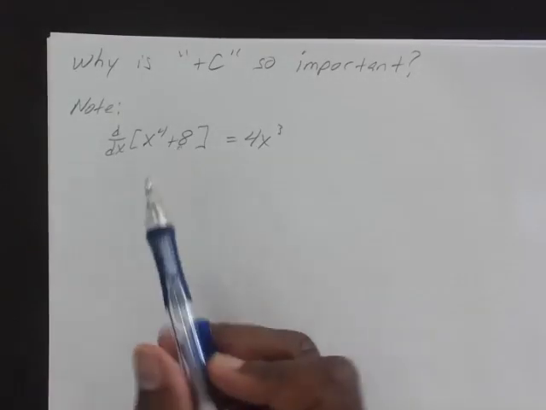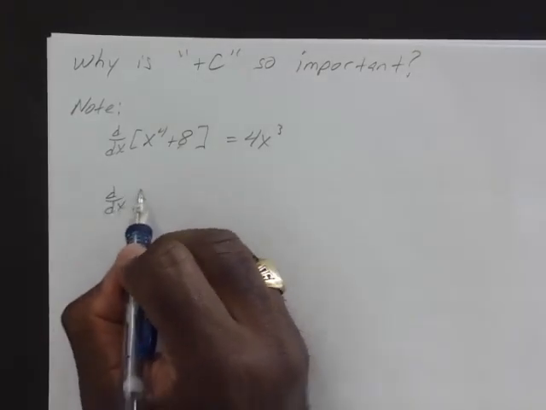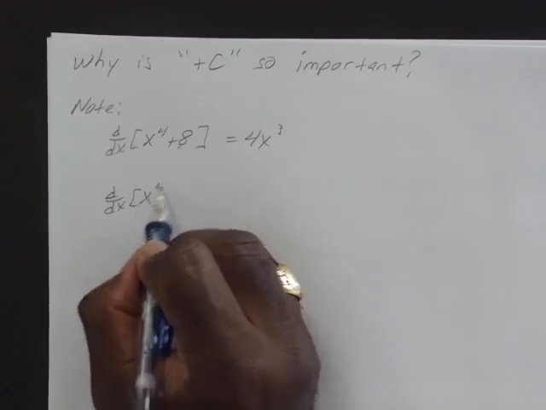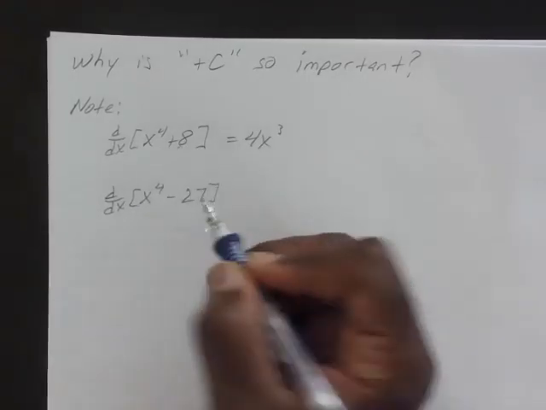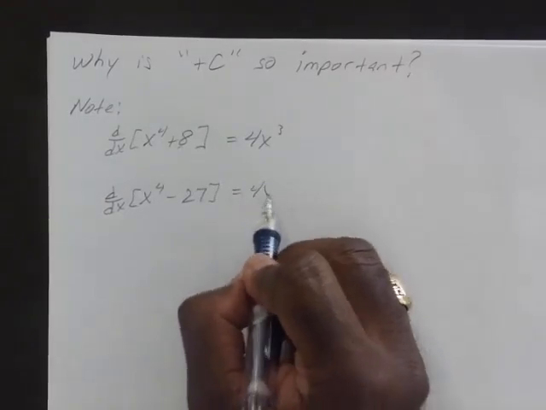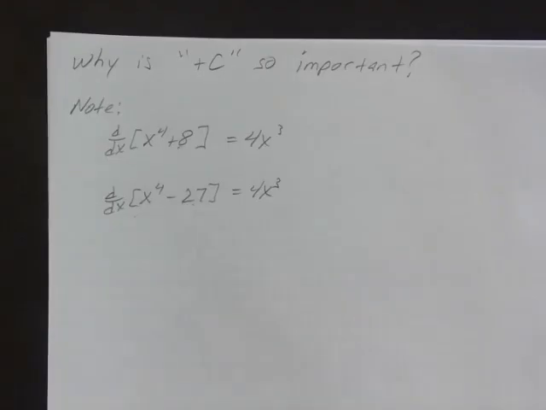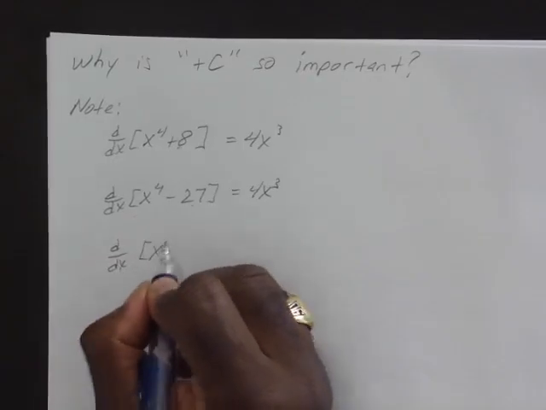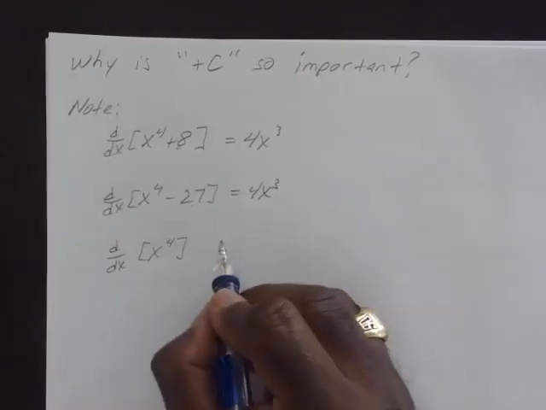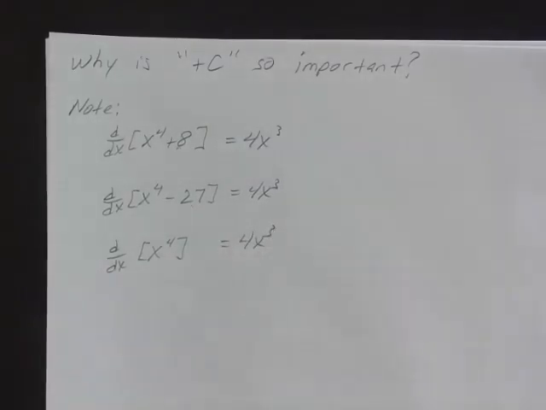So that disappears. Same thing if we have the derivative with respect to x of x to the fourth power minus 27. That's still 4x to the third power because the derivative of that constant is 0. Or just the derivative with respect to x of x to the fourth power by itself. Still 4x to the third power.